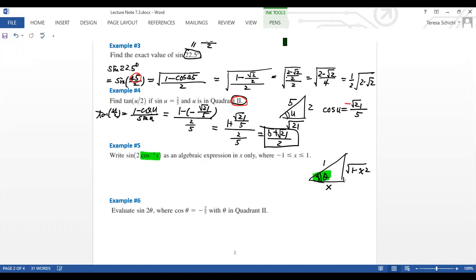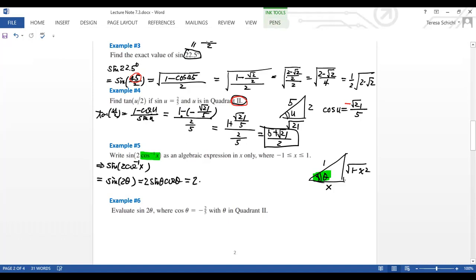So look at my color coding. Now I can rewrite sine 2 arc cosine x as sine 2 theta, correct? After I write sine 2 theta, I see this is a double angle. I know the formula is 2 sine theta cosine theta.